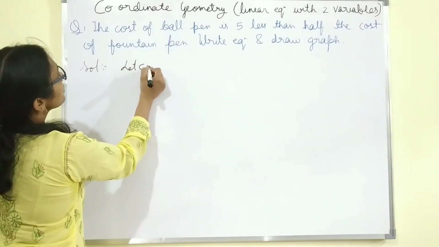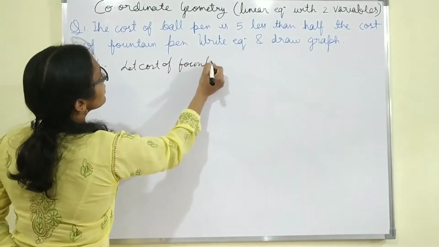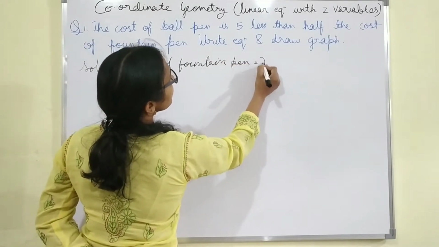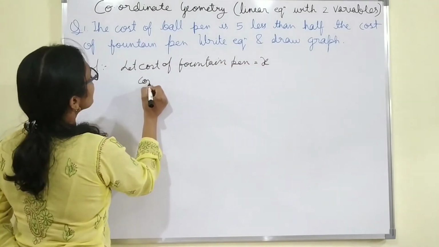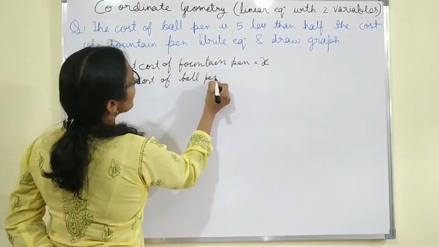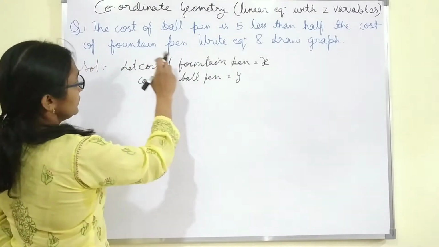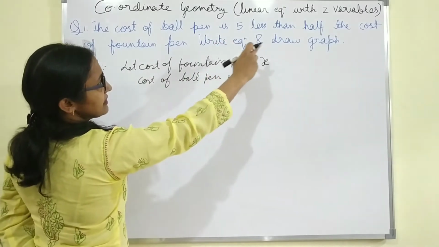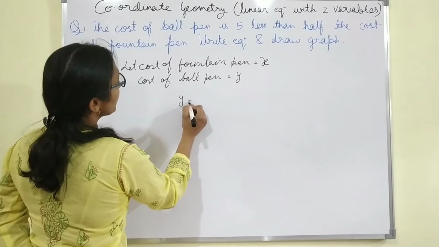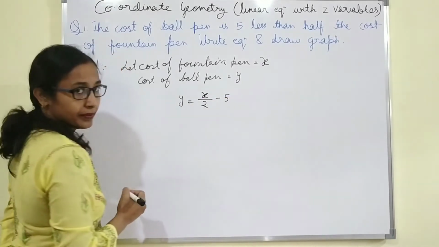Let the cost of the fountain pen be X and the cost of the ball pen be Y. The cost of the ball pen is 5 less than half the cost of the fountain pen. So Y equals X upon 2 minus 5.